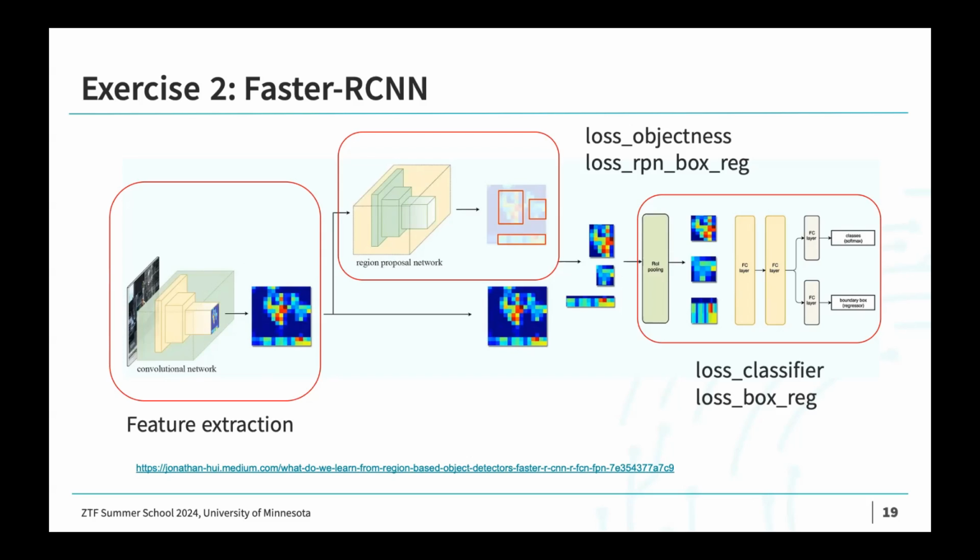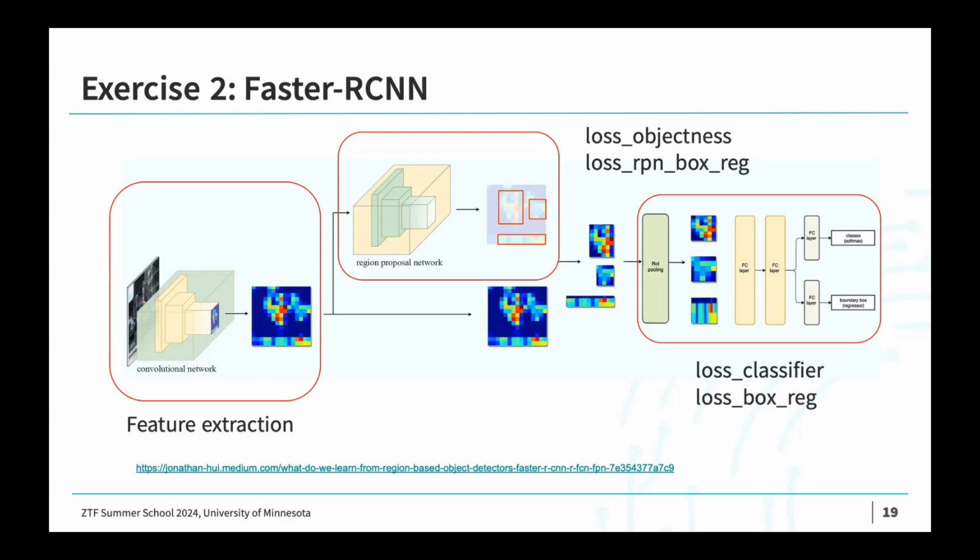So Faster R-CNN has four losses. The losses from the region proposal contain the objectness loss, whether there is an object in the bounding boxes, and also the bounding box regression loss, which is the difference between the labeled bounding boxes and the predicted bounding boxes.